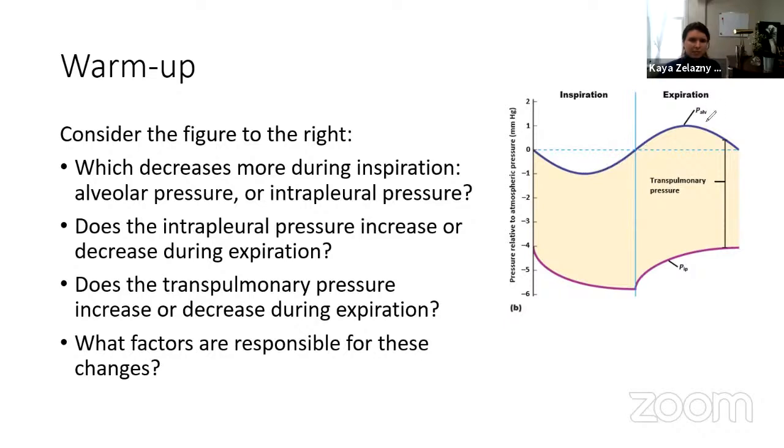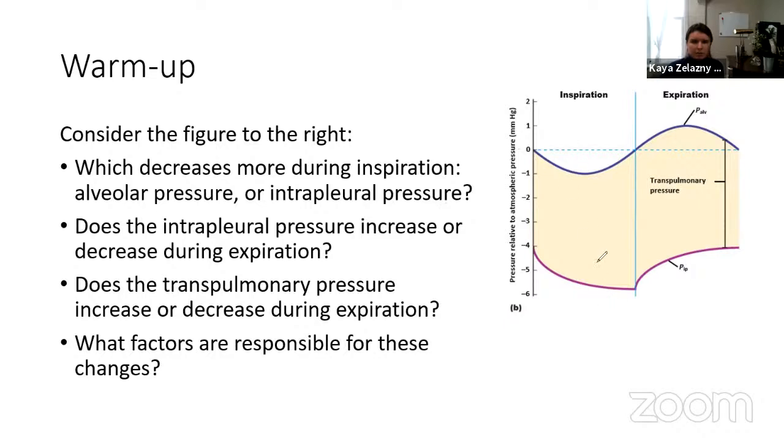When we have a negative relative alveolar pressure, negative relative to our atmospheric pressure of 0, we know that air is going to move down its pressure gradient into the lungs. And when we have a positive alveolar pressure, positive meaning more than the atmospheric pressure, we know we're breathing out, which gives us expiration. Air is still just moving down its pressure gradient.